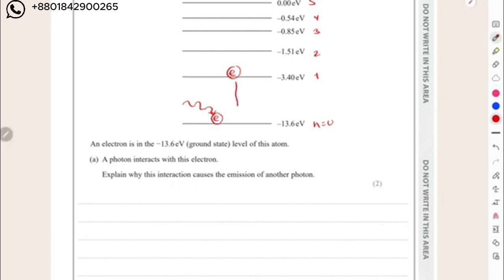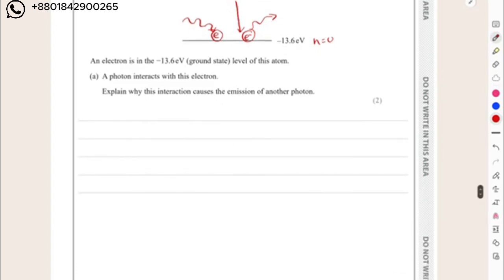So it moves down to its ground state, and when it does, it releases a photon, and that's when you actually see the light spectrum of the gas. So this was the actual explanation: they receive energy, move to a higher energy level, and then when they fall back to their ground state, they release that energy again in the form of a photon.